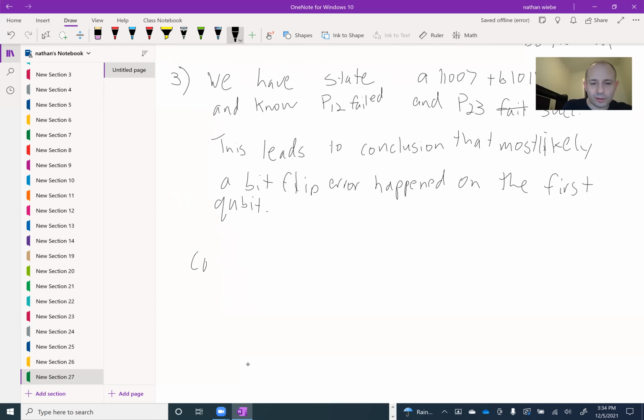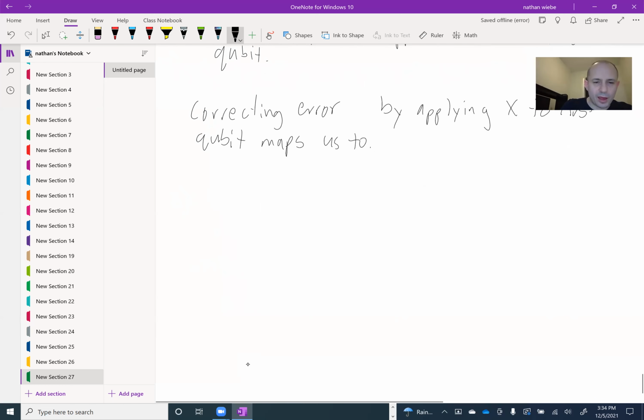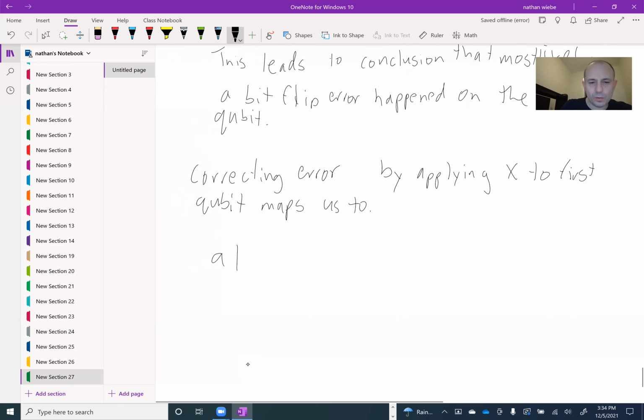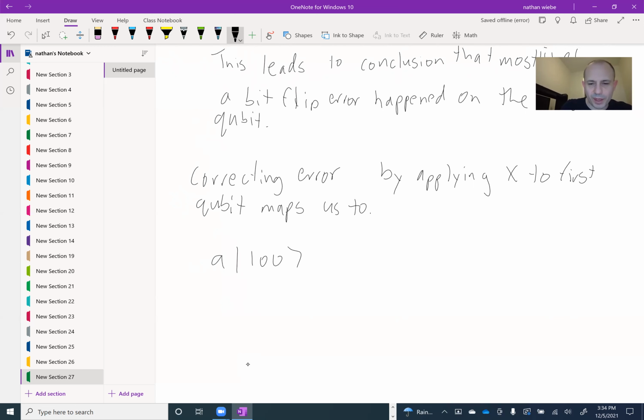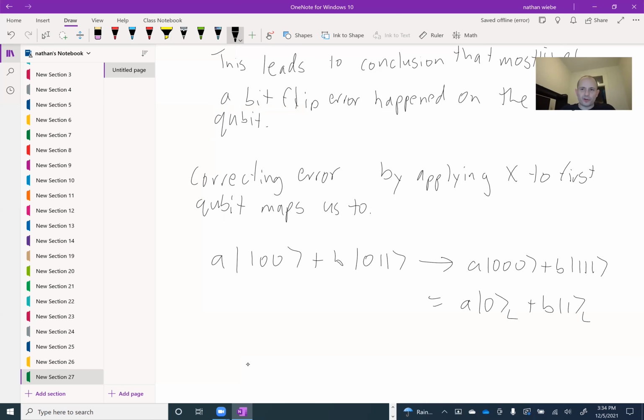So correcting the error by applying X to the first qubit, A100 plus B011 maps to A000 plus B111, which of course is equal to just the state. So this ends up showing that against any single discrete error that we end up having in the system, we actually can correct that error without any difficulty, which I think is super cool.